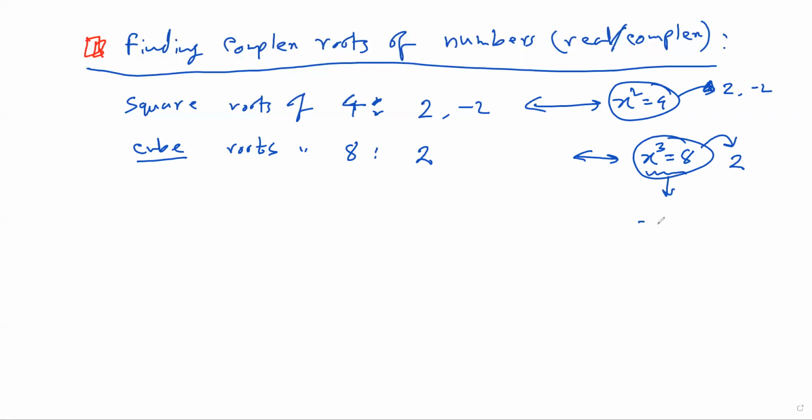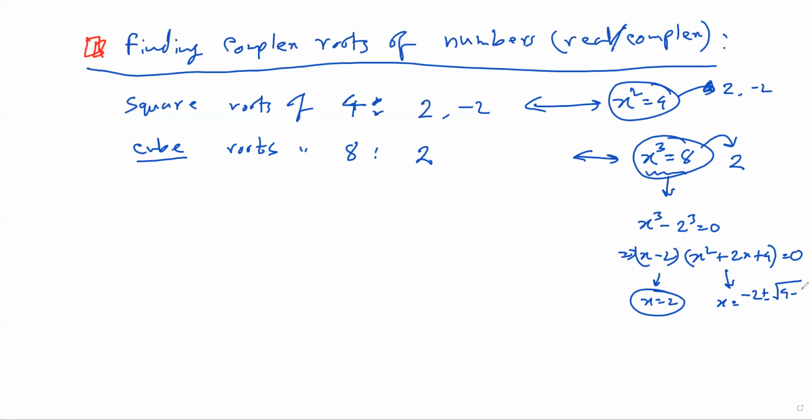This can be seen as follows: x cubed. We can rewrite the equation like this, and then we factorize using the formula of a cube minus b cube to get (x - 2)(x squared plus 2x plus 4). One part gives x equals 2, which we already know, and the other part gives x equals -2 plus or minus root over 4 minus 16, all over 2. This gives -2 plus or minus the root of -12, right?